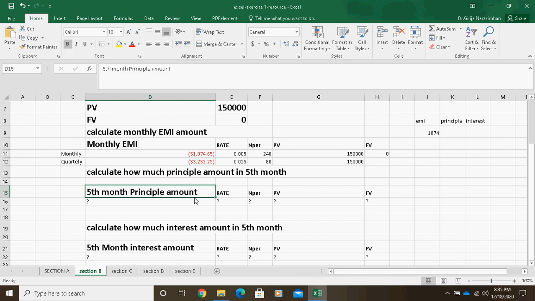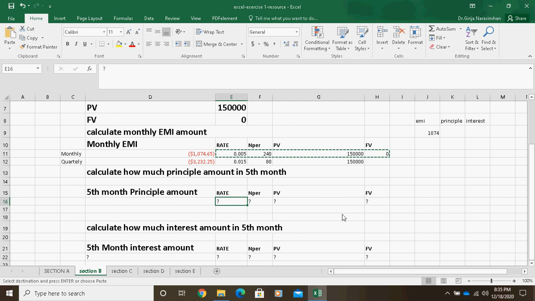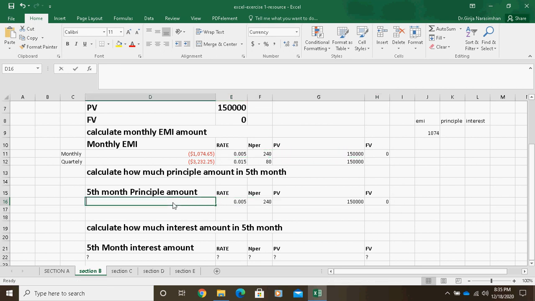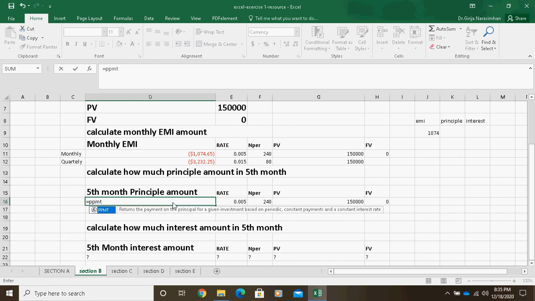For the principal amount, the formula is PPMT. It is the same rate, you don't change anything. So it is very easy. Copy and paste it. Same rate, that is monthly only. For the 5th month, PPMT, principal. PPMT, rate. Here only one difference: they will ask for PER.